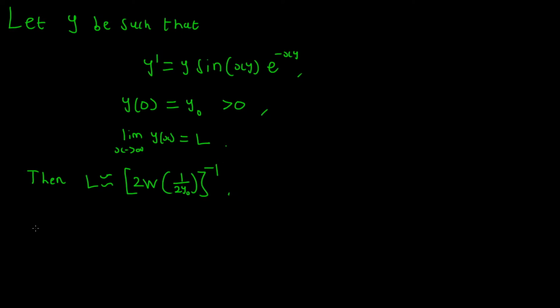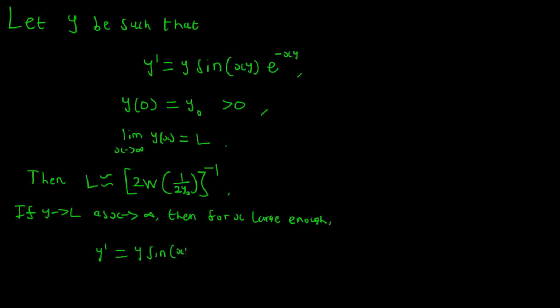So if we just start, if y goes to L as x goes to infinity, then for x large enough, we can write y prime equals y sine of xL, because that's the limit, e to the negative xL.